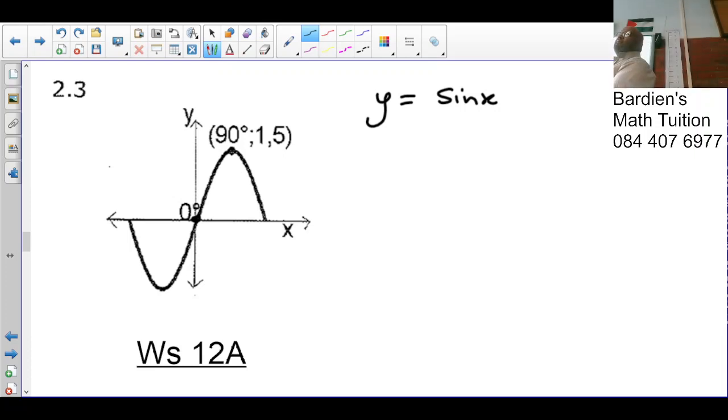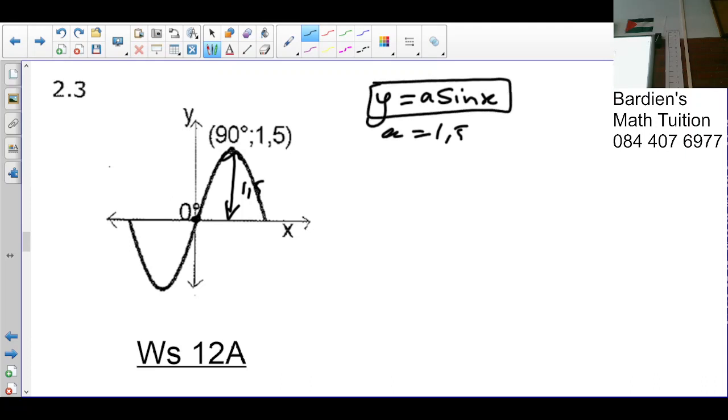Not so? So there's no vertical shift on this graph. So it has an amplitude change. From here we know that the amplitude here is what? 1.5. So your A value is 1.5. That is the equation that should have been given to you. Okay?